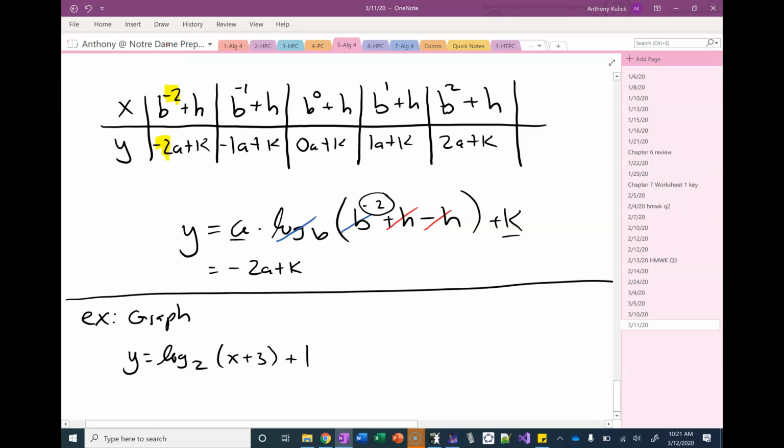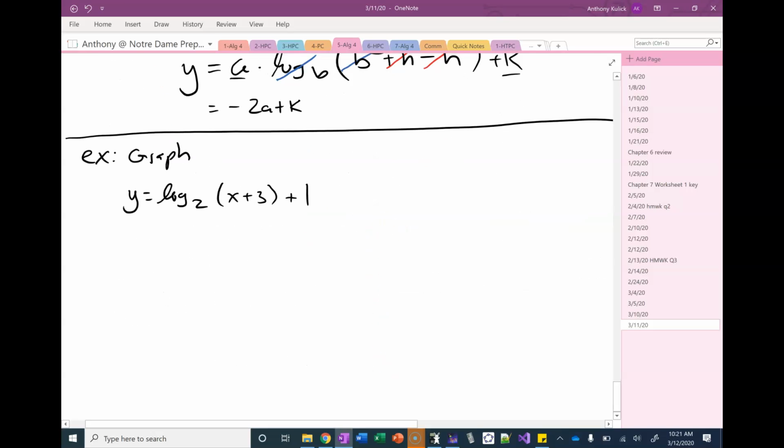So let's say I want to graph the function y equals log base 2 of x plus 3 plus 1. So the first thing I would do is I would just list my values for a, b, h, and k. What's my value for a? It's what? Log 2 isn't a number. That's an operation.